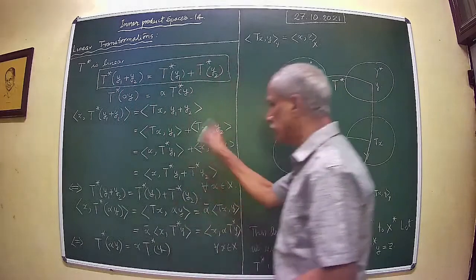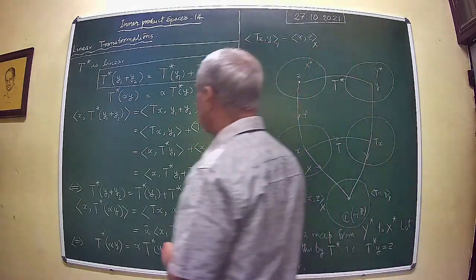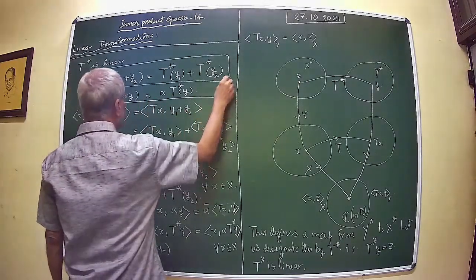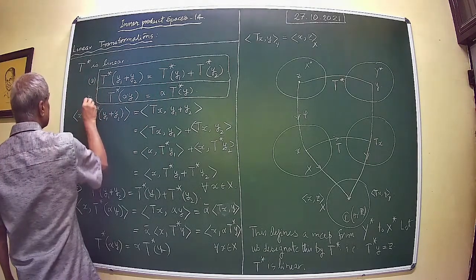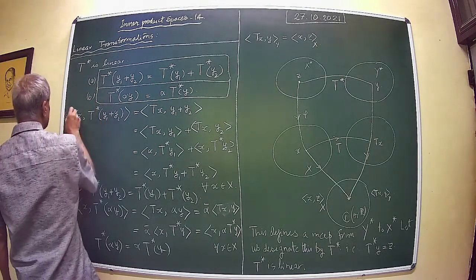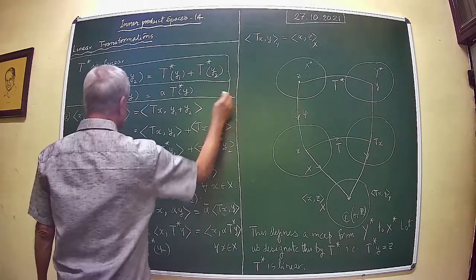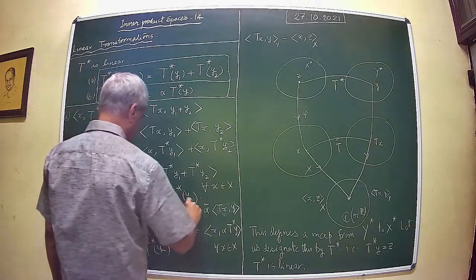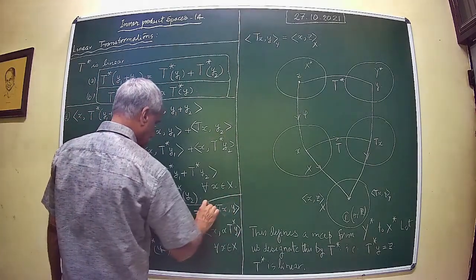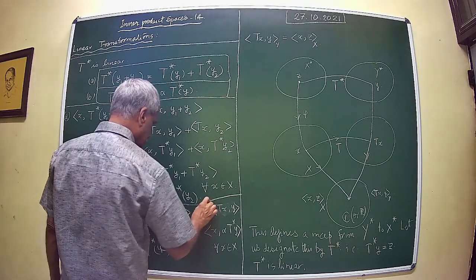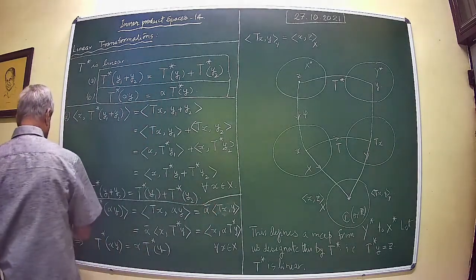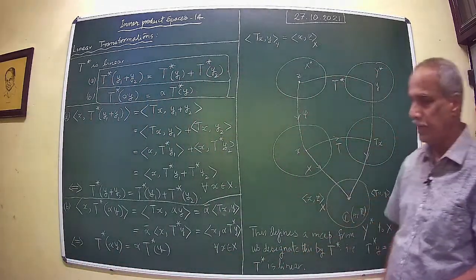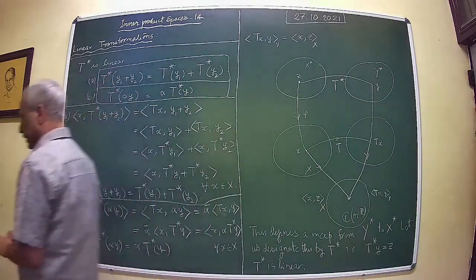So together these two, that is this part, okay. So we proved both A and B, and therefore it is linear.